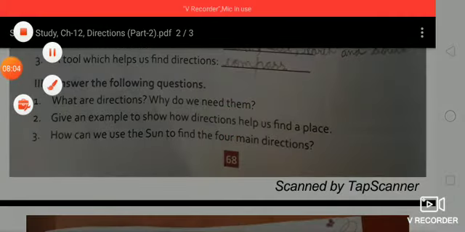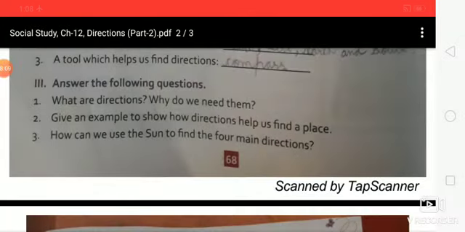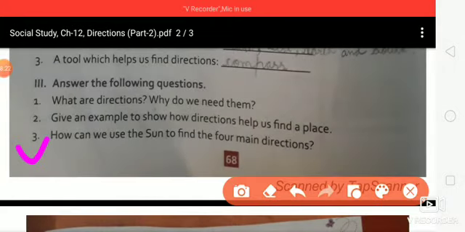Once again repeated. We use directional words left, right, straight, ahead, behind and in front of to give directions.